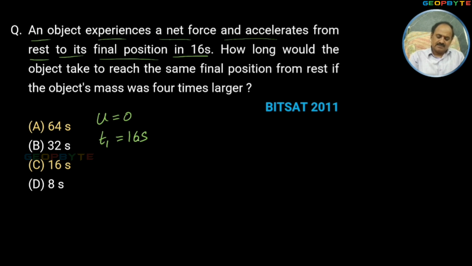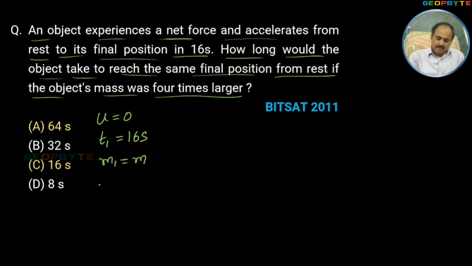How long would the object take to reach the same final position from rest if the object's mass was 4 times larger? That means the initial mass may be m1, equal to m. If the mass is 4 times, m2 becomes 4m, then what will be the time taken t2? That is the question.